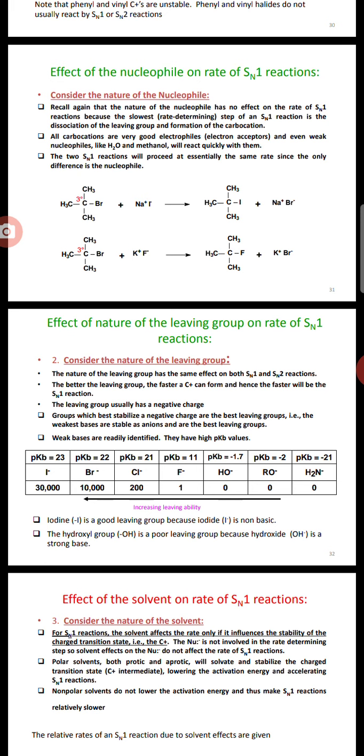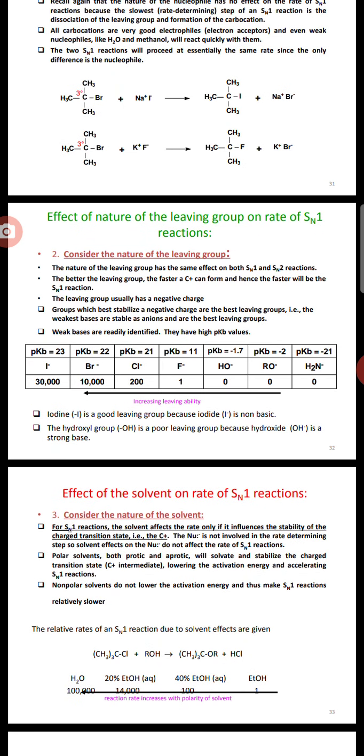Effect of solvent. In the SN1 reaction, the solvent influences the rate by stabilizing the transition state. The nucleophile is not involved in the rate determining step, so the solvent's effect on the nucleophile does not affect the rate of SN1 reaction.